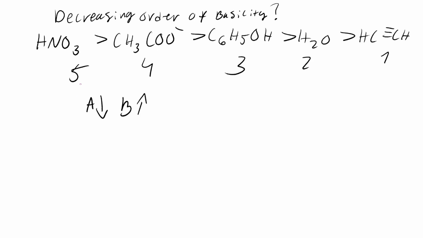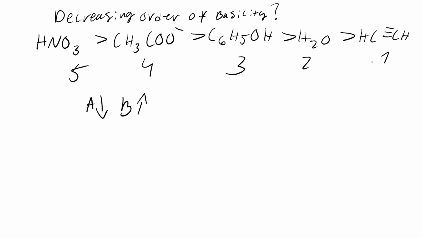Because as we go towards the right, our acidity is decreasing. And since acidity decreases, basicity, the basicness, increases. So I should have this as my first one. And the only one that is correct, if you look at that, would be what?